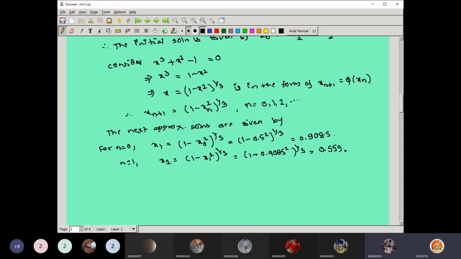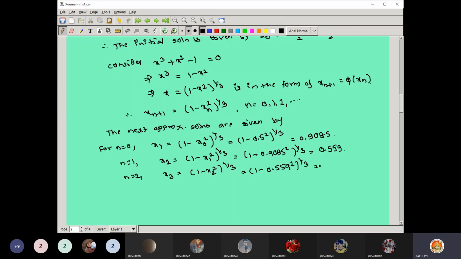So shall I stop the process or continue it? Because the last two solutions are not equal, they are different. So go for the next, n equal to 2. So x3 is equal to (1 minus x2 square) power 1 by 3. So 1 minus 0.559 square, power 1 by 3.